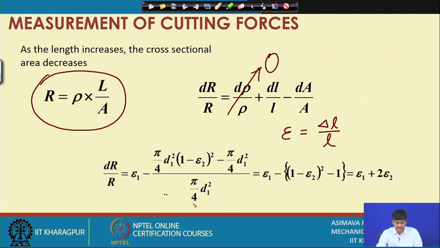So, change in area divided by original area, and naturally as d1 square is there, d2 square is equal to d1 square into 1 minus epsilon 2 whole square, and from here we get 1. This thing cancels out. So, this is simply this term minus 1. So, that is what has come.